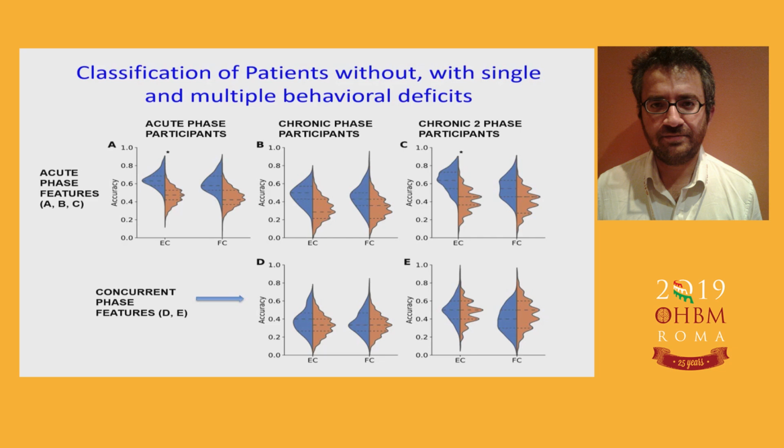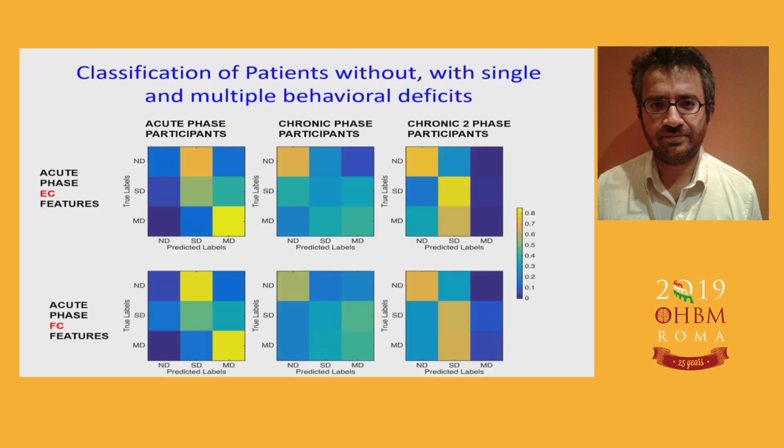And yeah, the confusion matrices also show this better accuracy, not only in the acute phase, but also in the chronic 2 phase, the upper right panel.